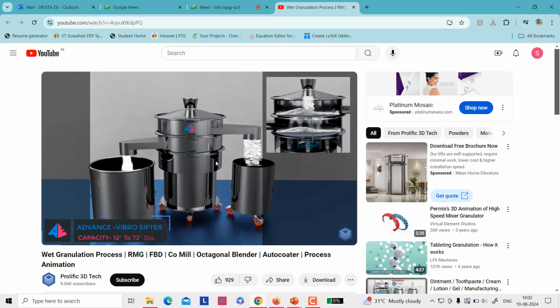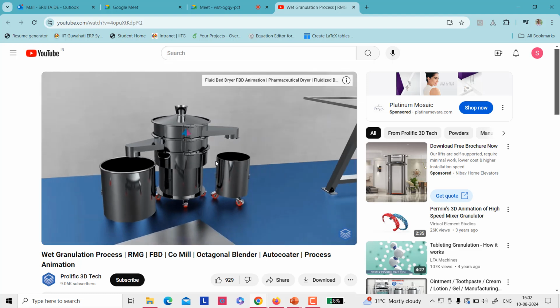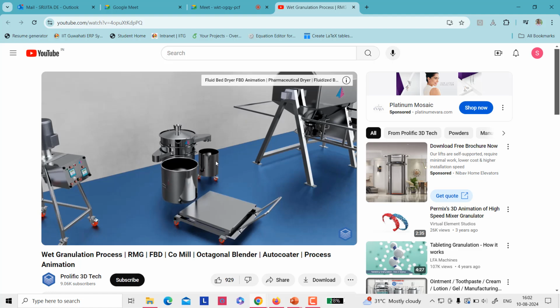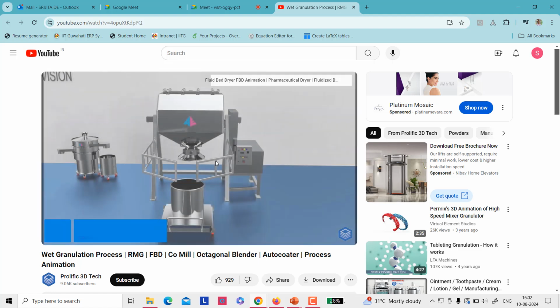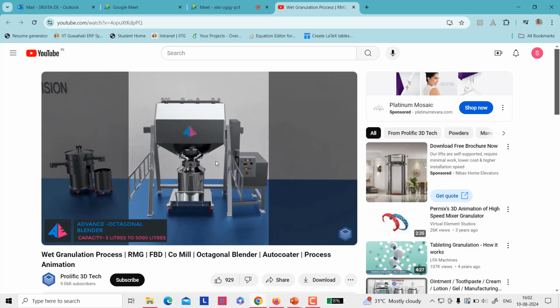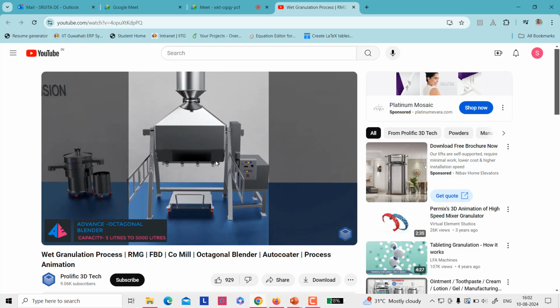Next, it goes into the advanced vibrosifter. And lastly, the octagonal blender.